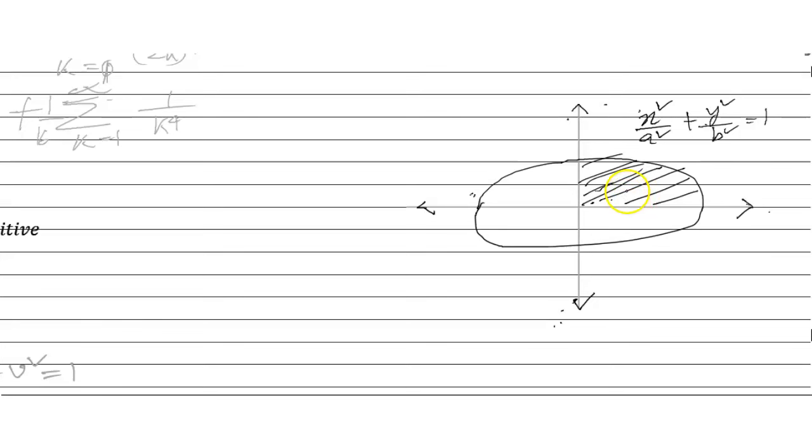So in this figure, this is x equals 0 and this is y equals 0, this is x and this is x dash, this is y and this is y dash.